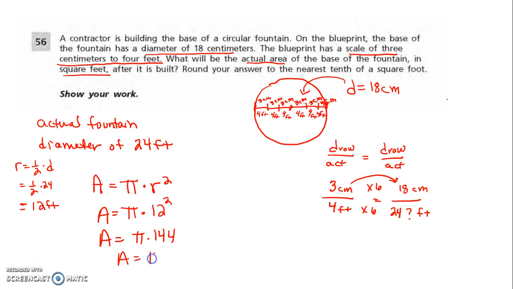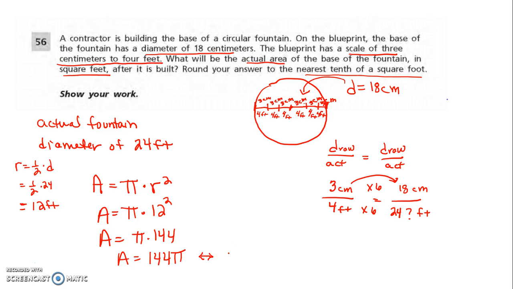They wanted the actual area. The actual area is 144 pi. However, they want us to round to the nearest tenth of a foot. So now on your calculators, I need you to do 144 times pi. On your calculator, there's a good chance it's going to say 144 pi. You can always convert that to a decimal by using that back and forth arrow that's right above your enter key.